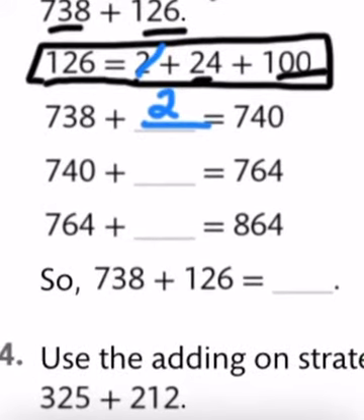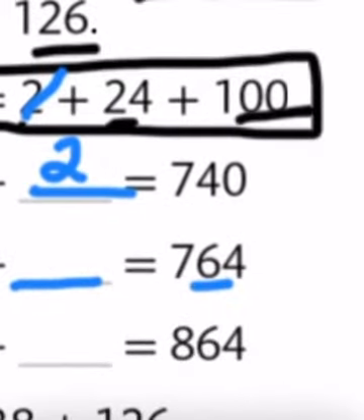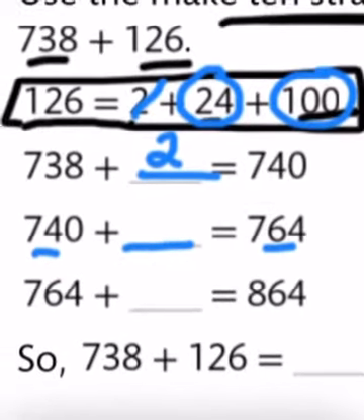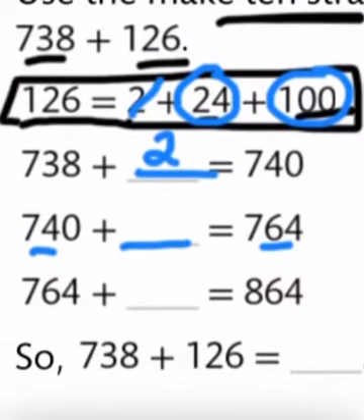Next up, 740 plus something equals 764, and we have to choose from either 24 or 100. 740 plus 24 equals 764. So I can cross that 24 off.